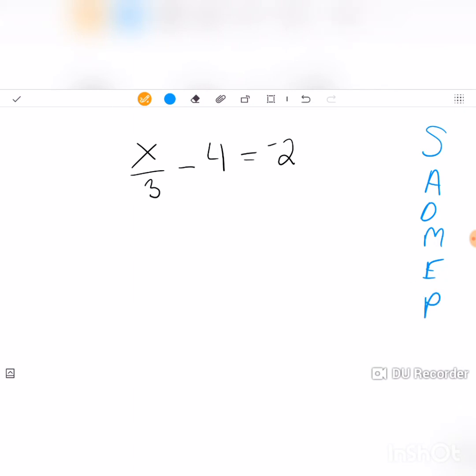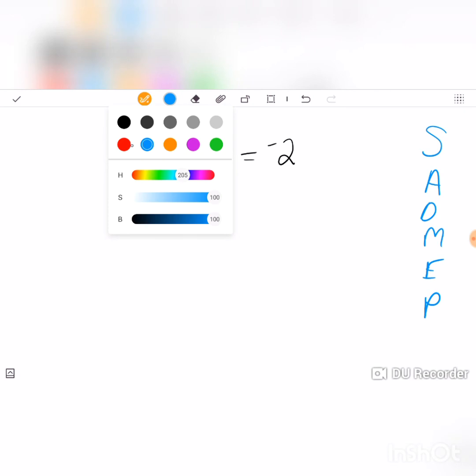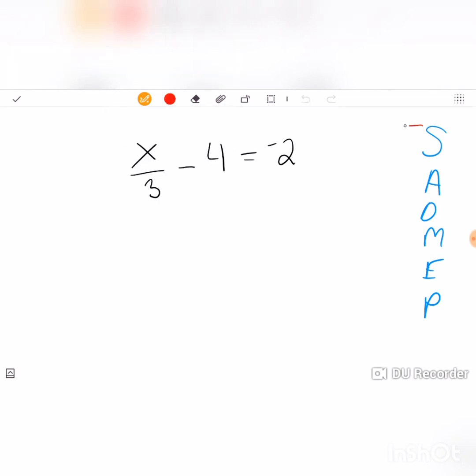Knowing that we have SADMAP, we know that we have to get rid of the subtraction and addition first. Well, if we look here, we have this minus 4. So we have to do the opposite in order to move it to the other side away from our variable. So the opposite of a minus 4 is a plus 4.